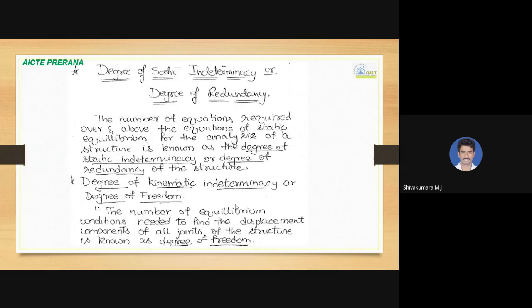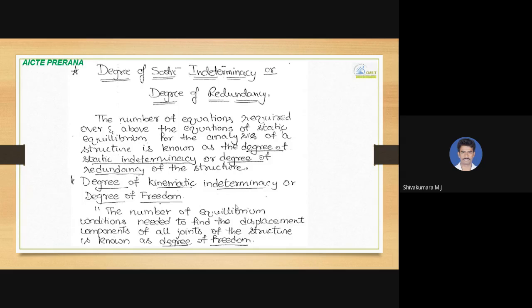Now we come to static and kinematic indeterminacy. Static indeterminacy is nothing but the degree of redundancy of a structure. The definition: the number of equations required over and above the equations of static equilibrium. We know those are the three conditions of static equilibrium.